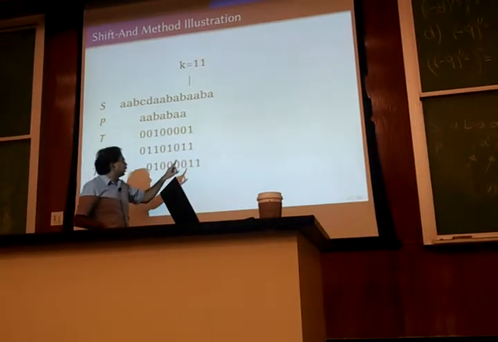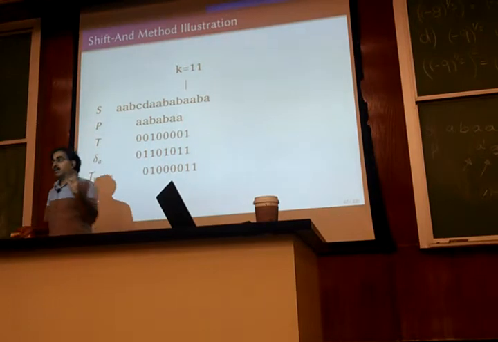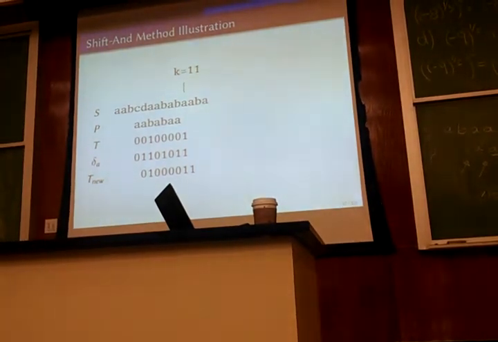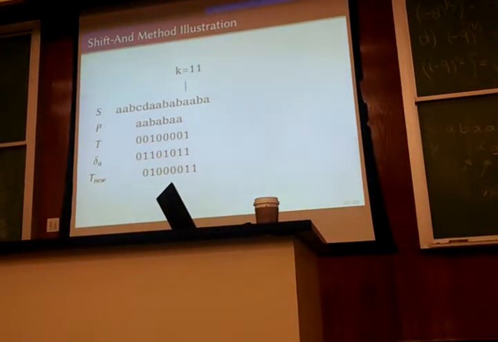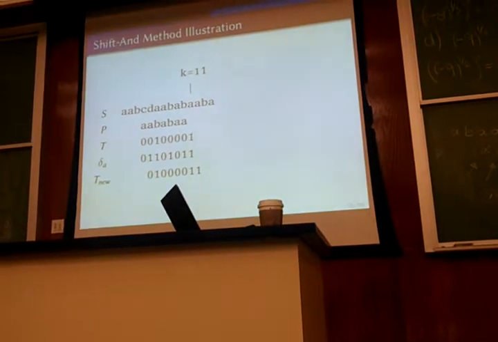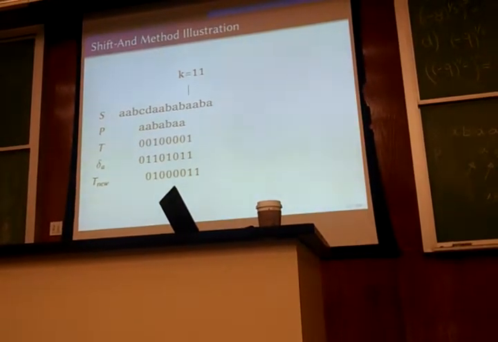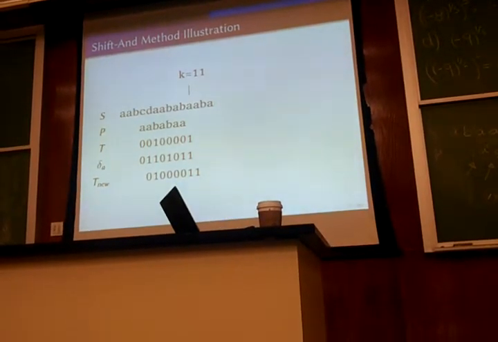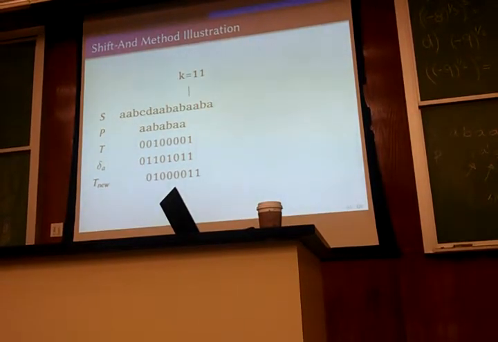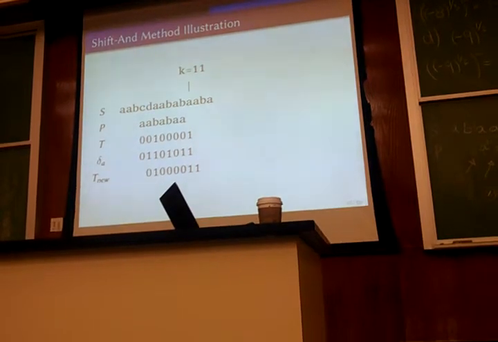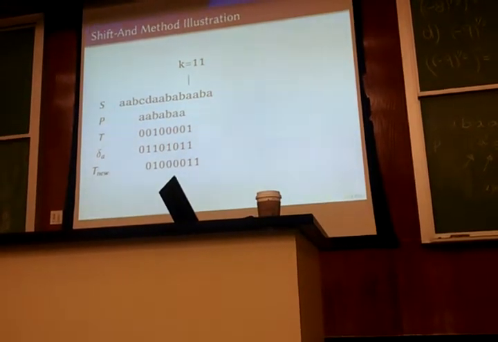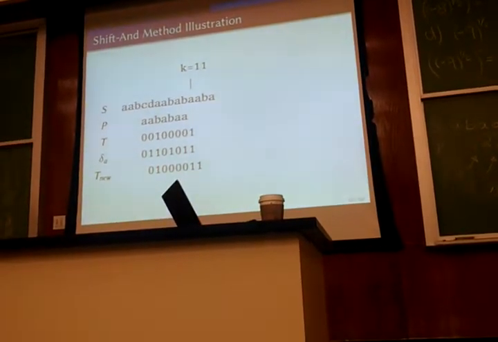Keep in mind that the bit vectors always have 0 on the rightmost, right? This is bit 0. That's why it's a shift left and not shift right. Okay?